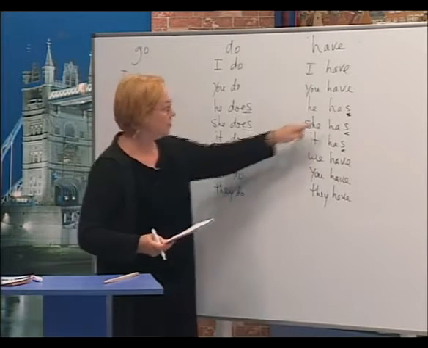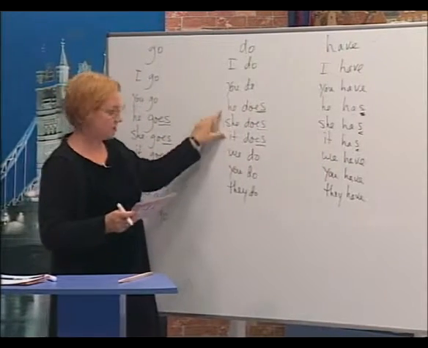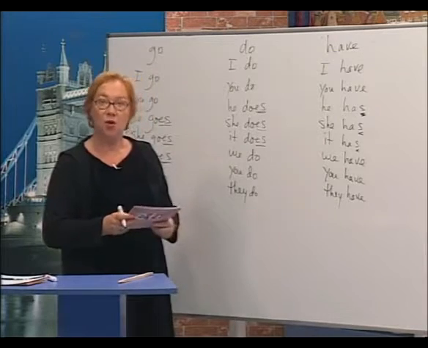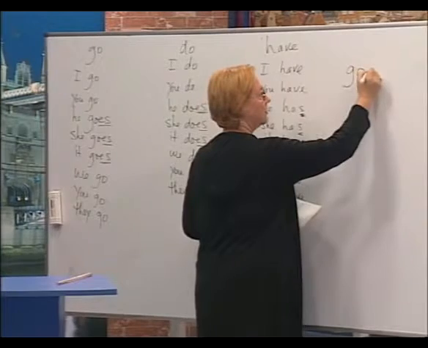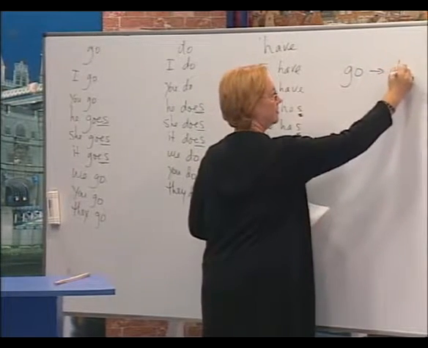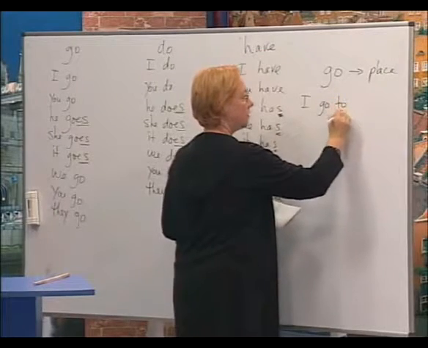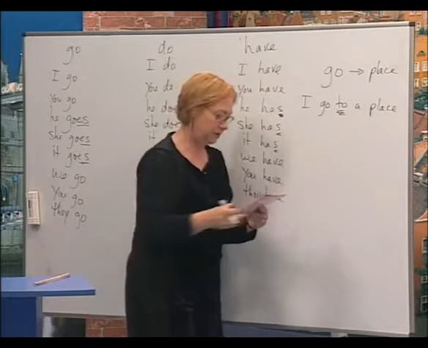Now, again, we see the S. And we saw this one before in the questions. Now, when we use go, we usually have go to a place. So I go to a place. Okay, go to, usually.